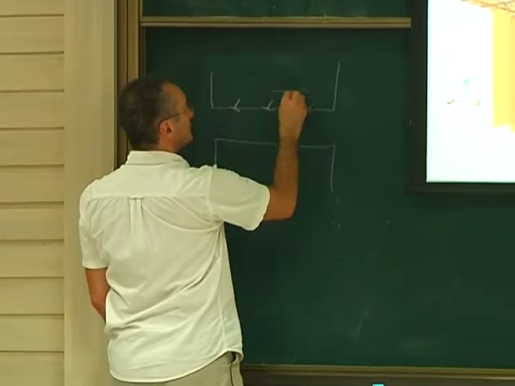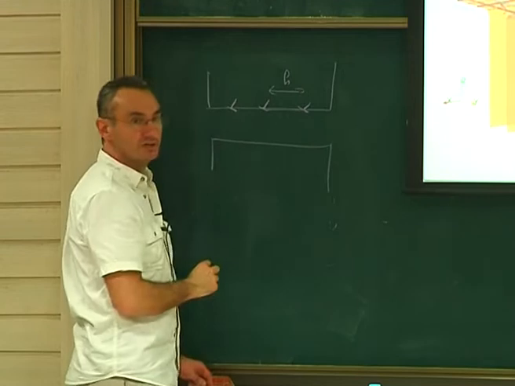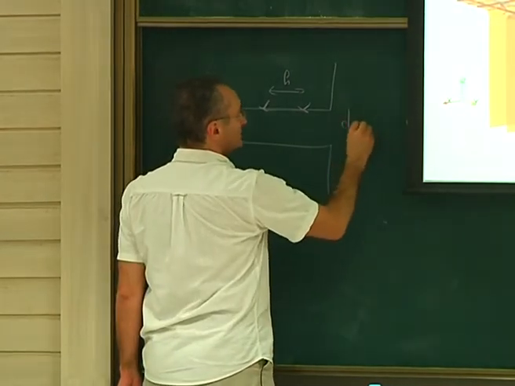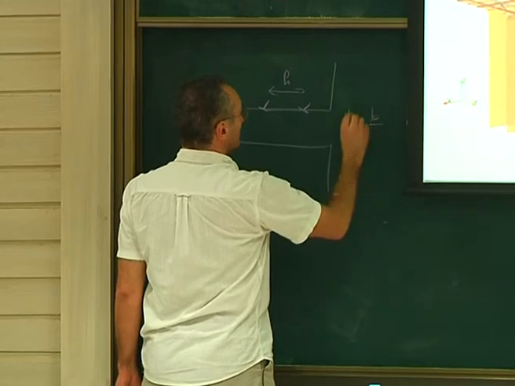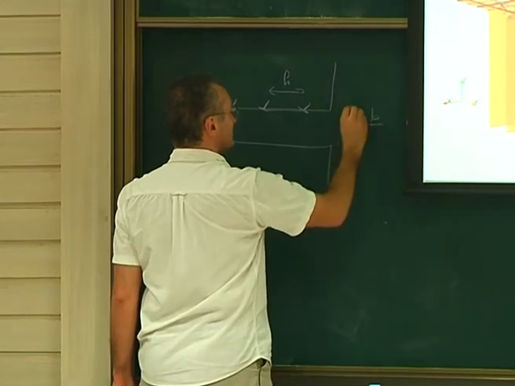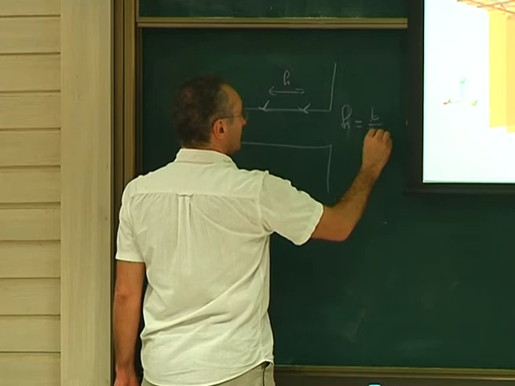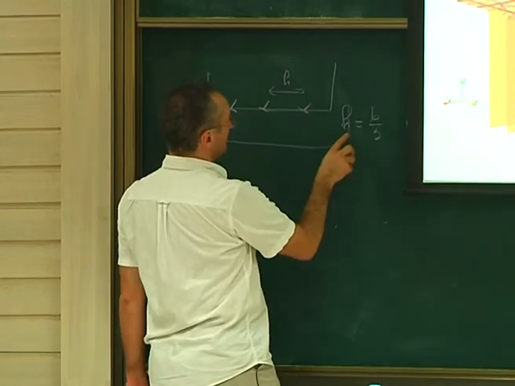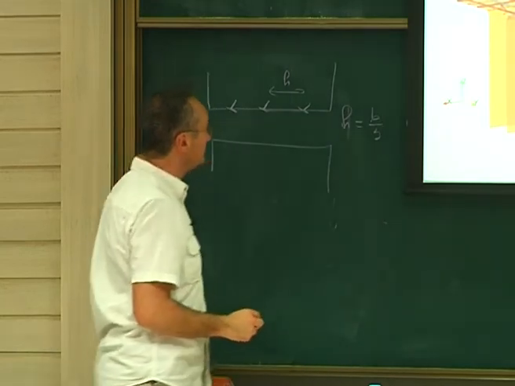So you can compute the distance at which you put the dislocations in order to compensate the mismatch. And you say H is equal to B over delta. I think something like that.